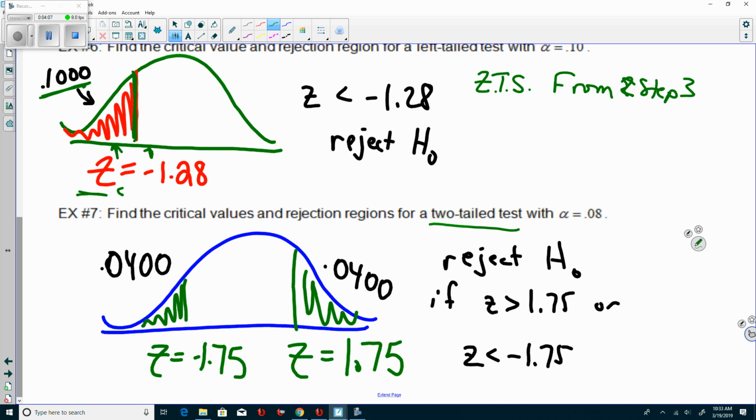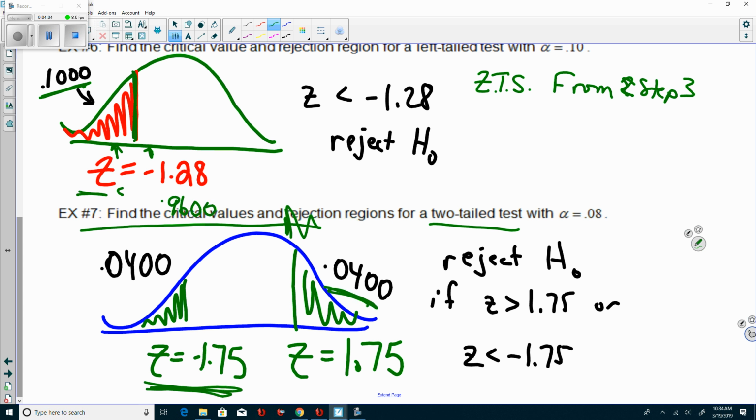So you have to break it into 0.0400. Look up 0.0400, and that's where you get z equals negative 1.75. And then the other one, remember they said the 1 minus. So if you do 1 minus 0.0400, that gives you a cumulative area of 0.9600.